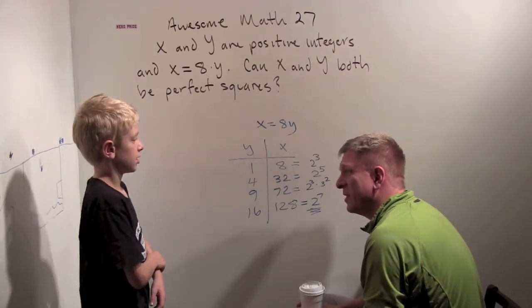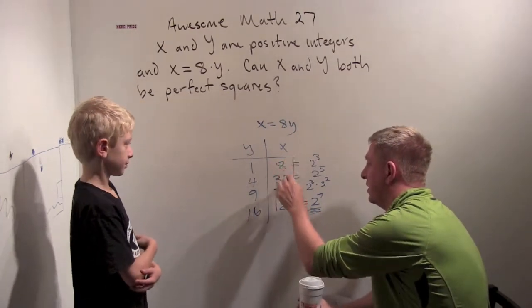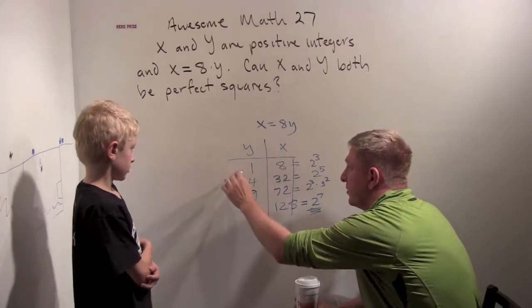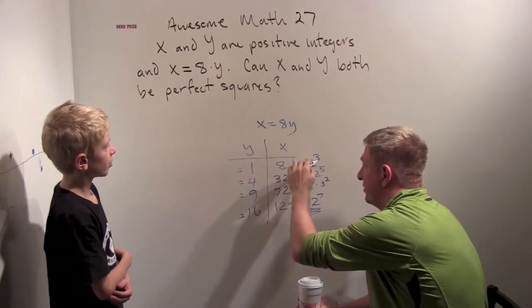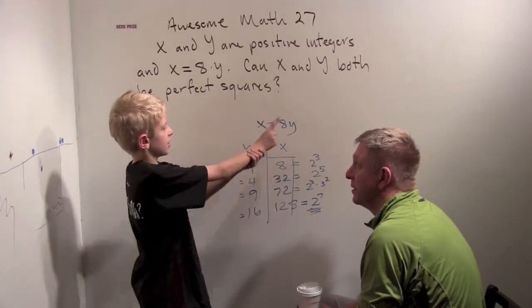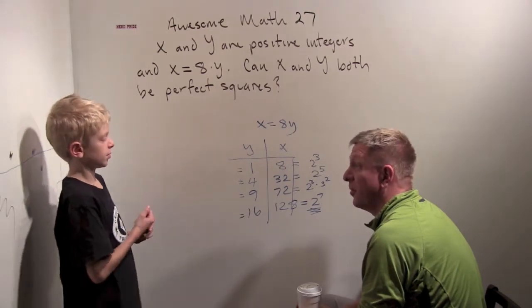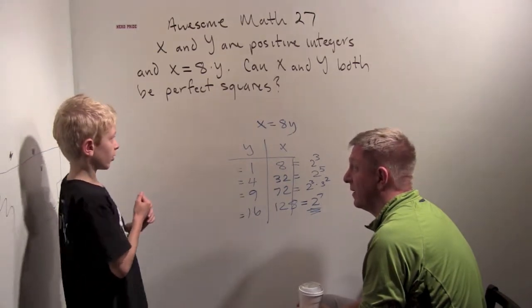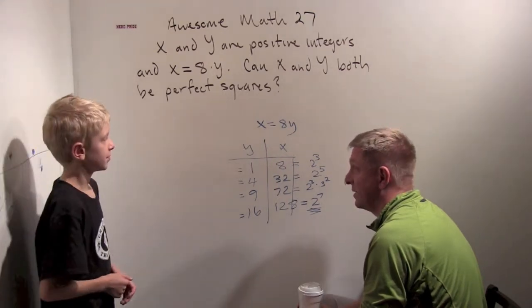And why would that be the case? Why would these ones in this column have an odd power? We started with squares here, right? These all have even powers, like 1 doesn't factor. But we're multiplying them by something that has an odd power. Oh! So it doesn't ever work. Why not?